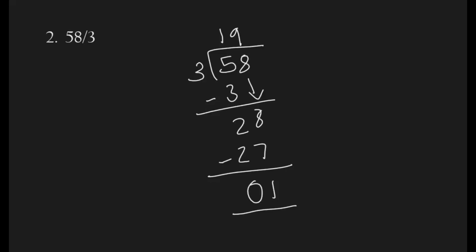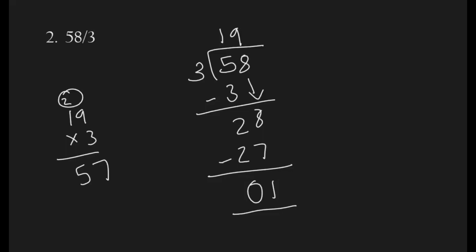So now, let's multiply to see if it's right. So 19 times 3. 3 times 9 is 27. So 2 up there, and 7 comes down. Okay, now 3 times 1 is 3, and then 3 plus 2 is 5, so we get a 5 over here.